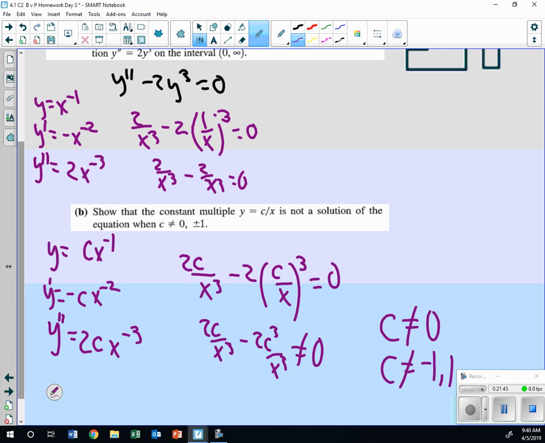Negative 1, this is negative 1 cubed, this would be positive, this would be negative, it would work. So we would say that it's not a solution unless c equals negative 1, 0, or 1. Kind of confusing writing on there. There you go. So that's a start.